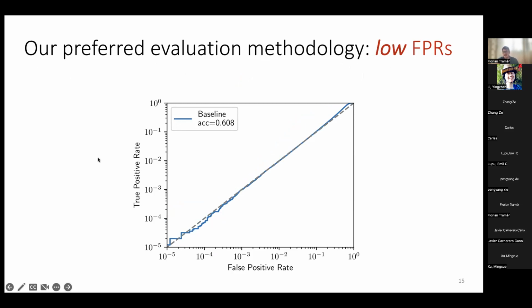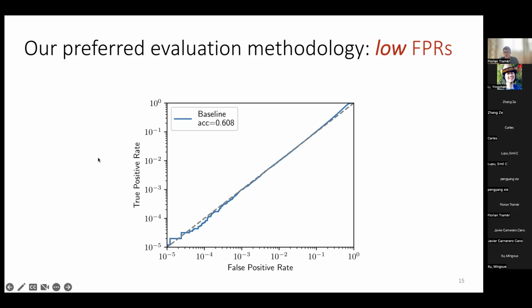If you want an attack that only incorrectly guesses membership, say 1% of the time, it's essentially going to be equivalent to an attack that just randomly flips a coin and decides 1% of the time that it's going to guess that something is a member. And so if you view existing attacks this way, they're not an attack. You're not inferring anything, you're not leaking any information, you're essentially just doing random guessing.